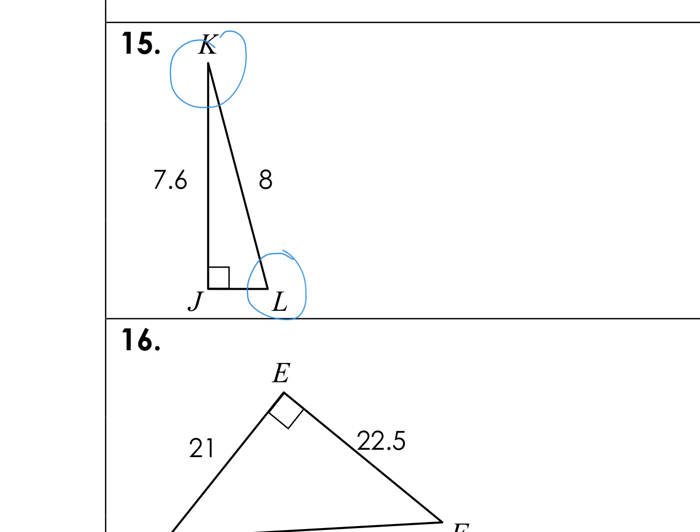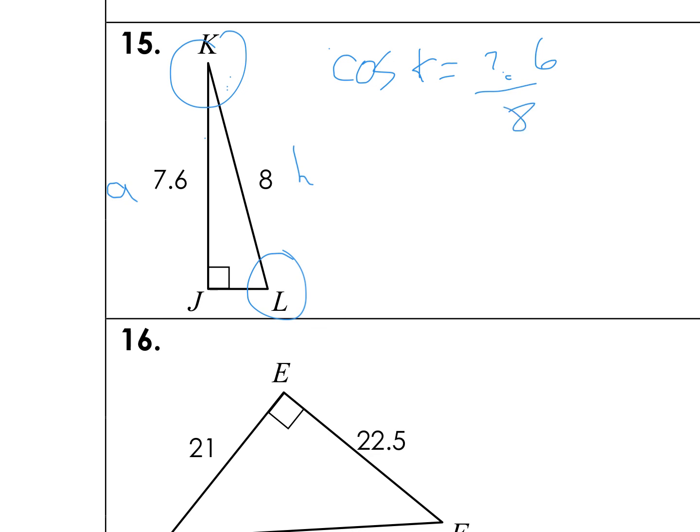In this case, with the measure of angle K, this is the adjacent and this is the hypotenuse for angle K. So I'm going to say cosine of K must be 7.6 over 8.